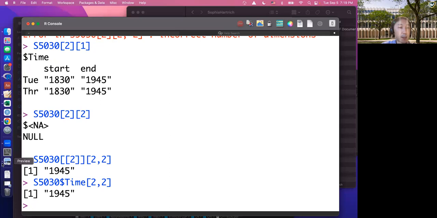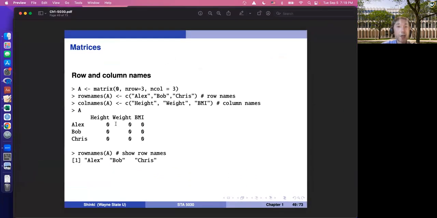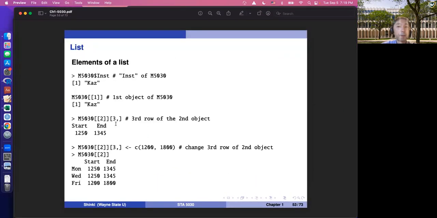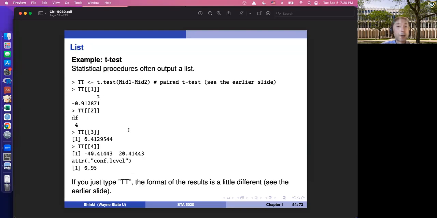Maybe I will show the slides to save some time. So sometimes a function returns a complicated list as an output. So we have the midterm 1 scores for several students and the midterm 2 scores for the same students.